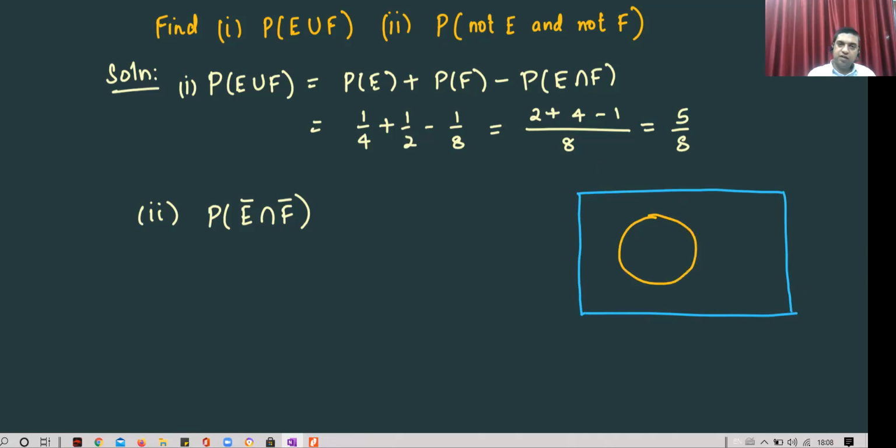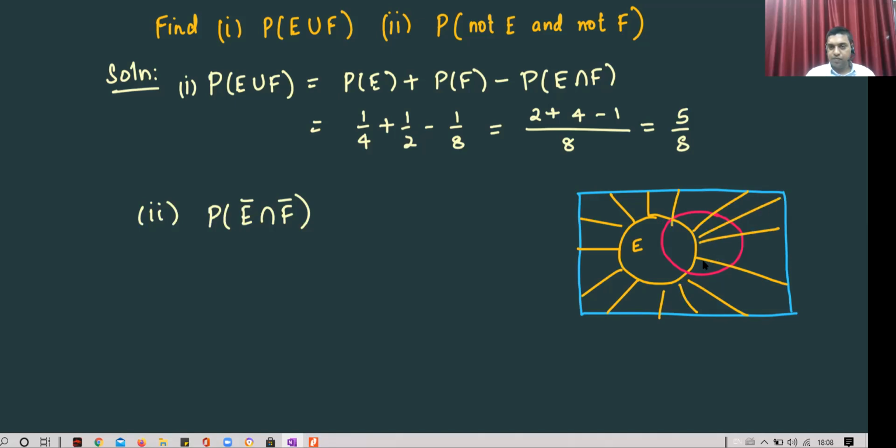This is E and this is F. Now not E means all this region other than E, E bar.